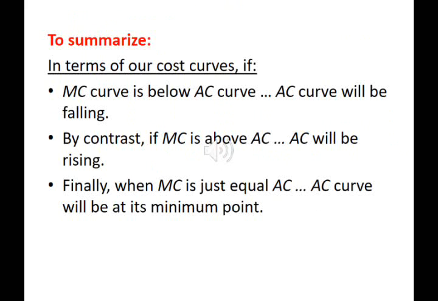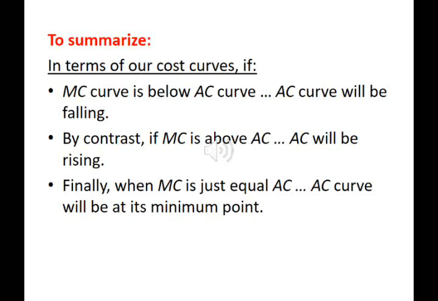Let's now summarize the relationship between the marginal cost and the average cost curves. When the marginal cost curve lies below the average cost curve, the average cost curve will be falling because it will be pulled downward. By contrast, if the marginal cost curve lies above the average cost curve, the average cost will be rising because the marginal cost will be pulling it upward.